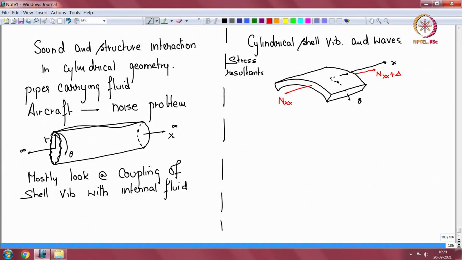I will not write the increment all the time. The increment will be of the form del nxx over del x dx. There's no space, that's why. Then we'll have n on the theta face in the x direction, n theta x plus delta.